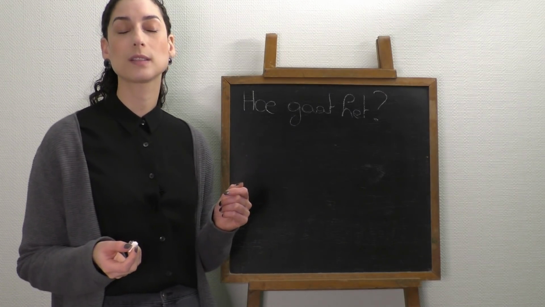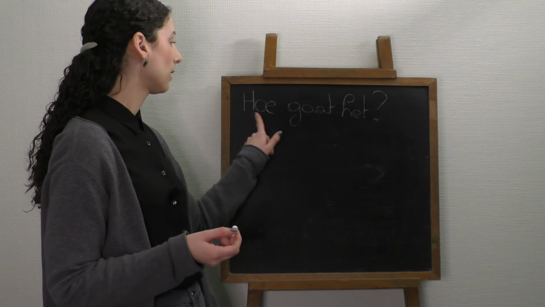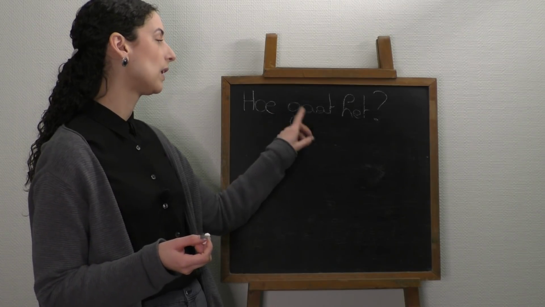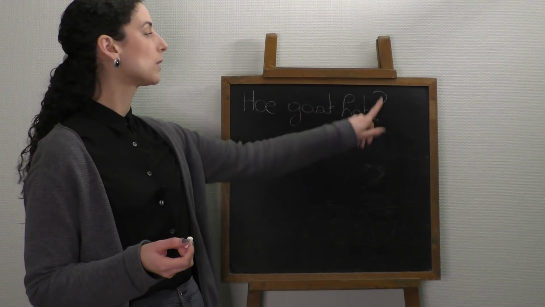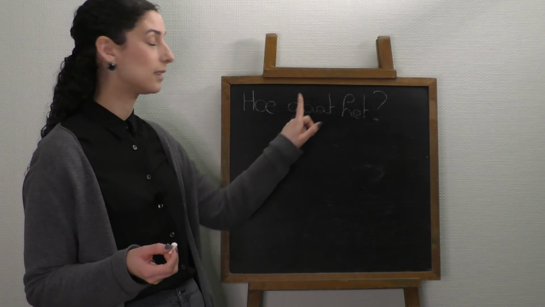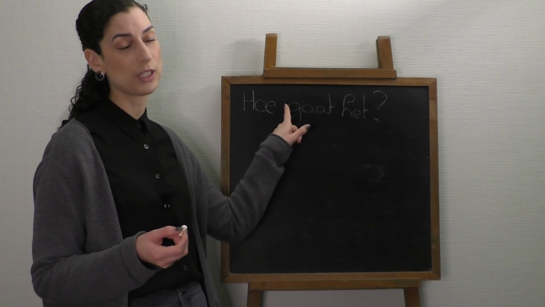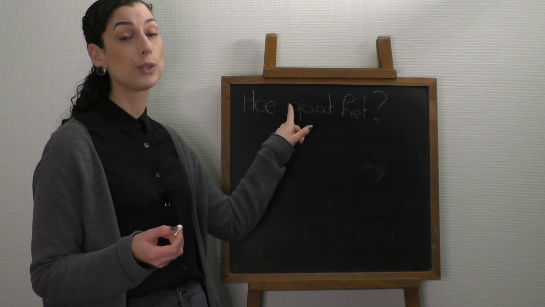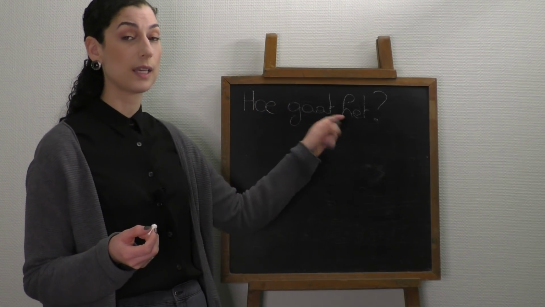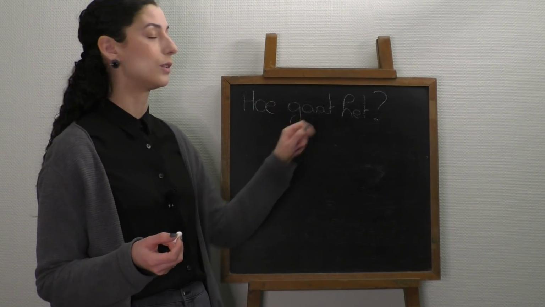So that's hoe gaat het? How, and then basically, is it going? So het means it, and gaat is a conjugation of the verb to go. So this says, how is it going? Hoe gaat het?